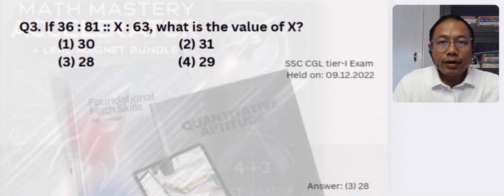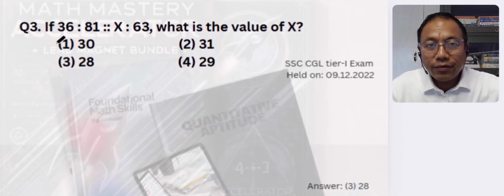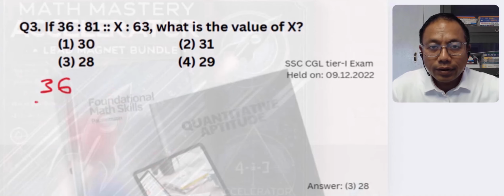Question number 3. 36:81 can be written as 36 by 81 equal x by 63.